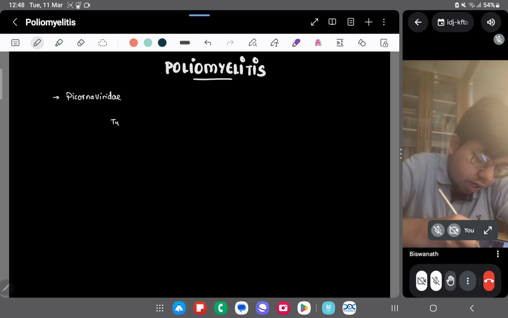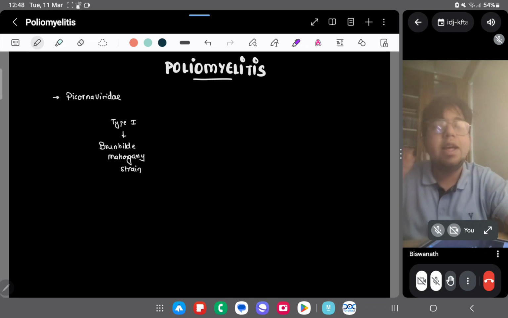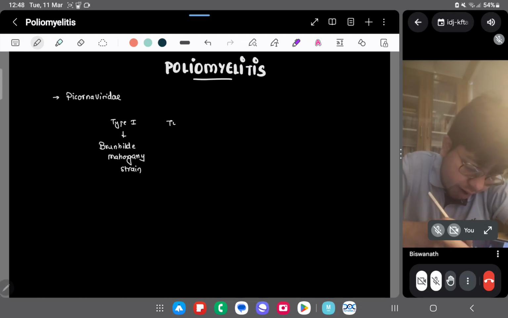So, type 1 is called the Brunhilde, Mahogany strain, right? Then we have type 2, that is the Lansing and MEF1 strain. The names are a bit typical.